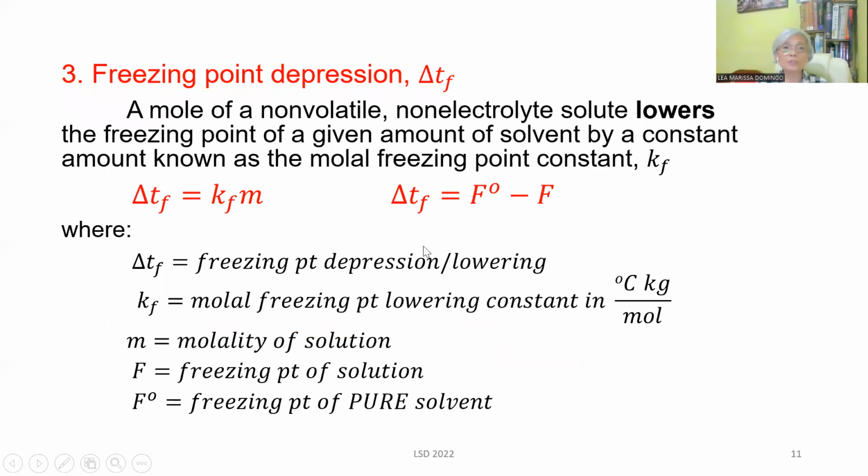Okay? The third colligative property is freezing point depression, denoted by delta T sub F. So a mole of a non-volatile, non-electrolyte solute lowers the freezing point of a given amount of solvent by a constant amount known as the molar freezing point constant K sub F. So mathematically, delta T sub F is equal to K sub F times M. And delta T sub F is equal to freezing point of pure solvent minus freezing point of solution.